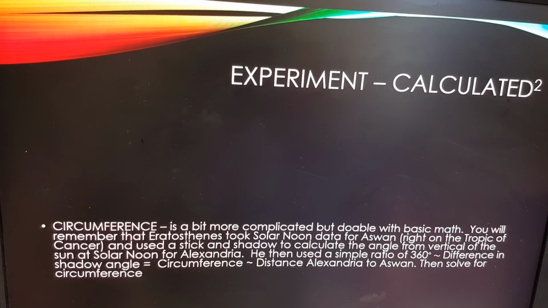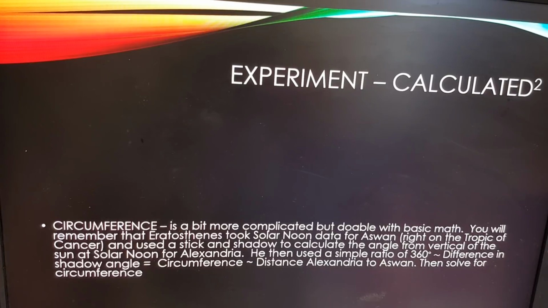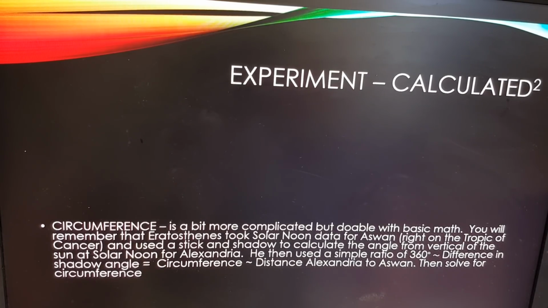So Aswan solar noon was basically 90 degrees, so the sun at solar noon for Aswan is going to be exactly 0 degrees from vertical.